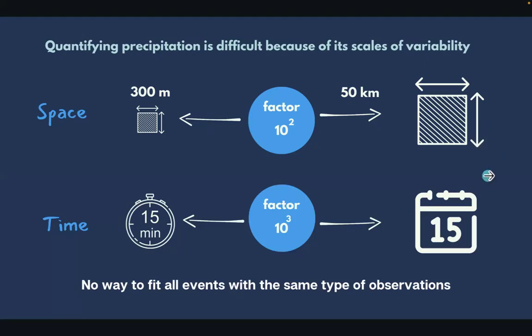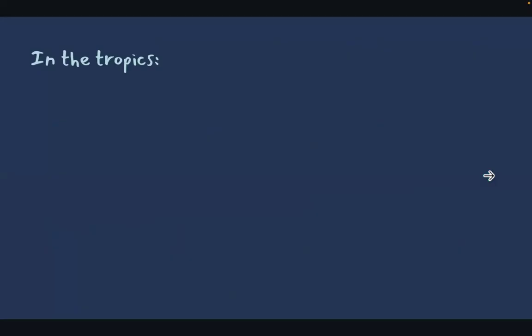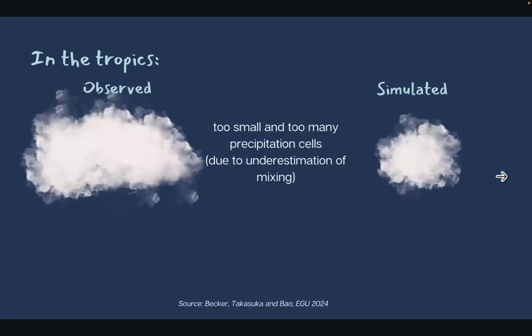In particular, in the tropics, I like to mention the work presented at EGU 2024 in April by Takasuka and Bao, who were looking at global ICON simulations in the tropics. Basically, they found that if we look at the precipitating clouds and compare with the IMERG products, there are too many and too small precipitating cells compared to the observed ones visible in IMERG.